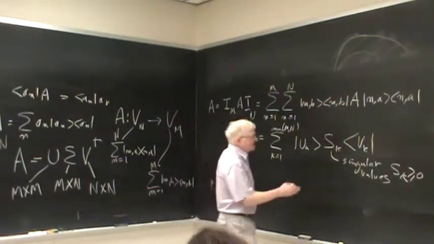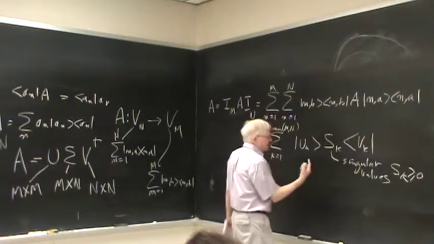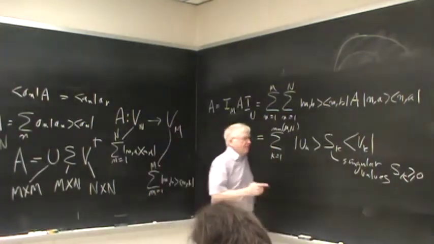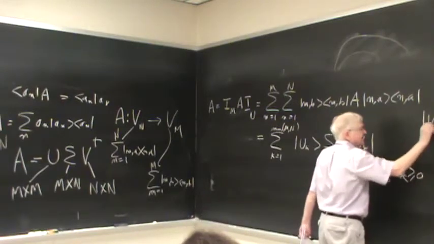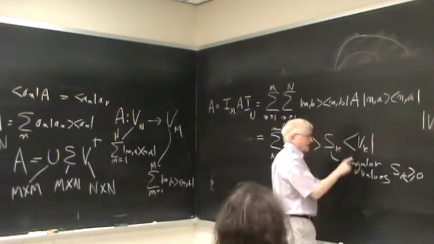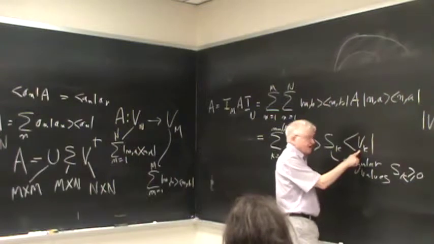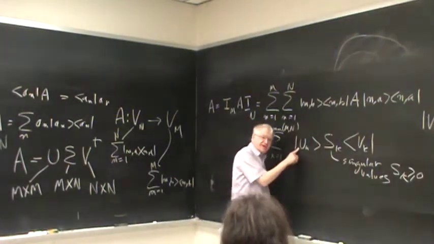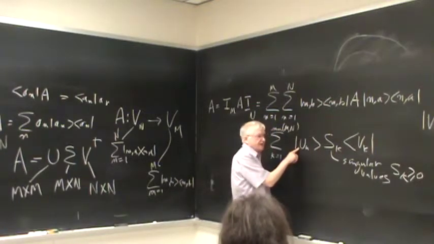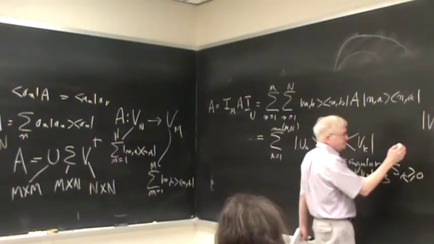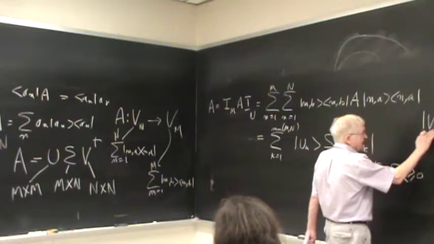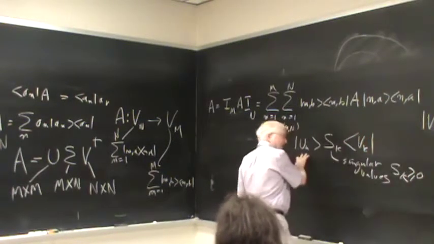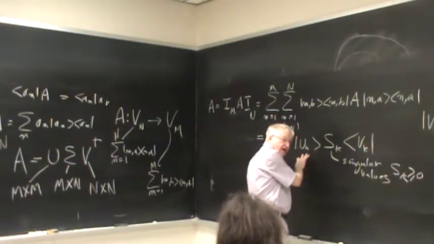You see, what happens here is that this tells you that if you let the matrix A operate on the ket, say VL, in other words, one of these guys, you'll get delta KL, SK, and a specific UK here. So it will map the basis vectors VL into the basis vectors UK.